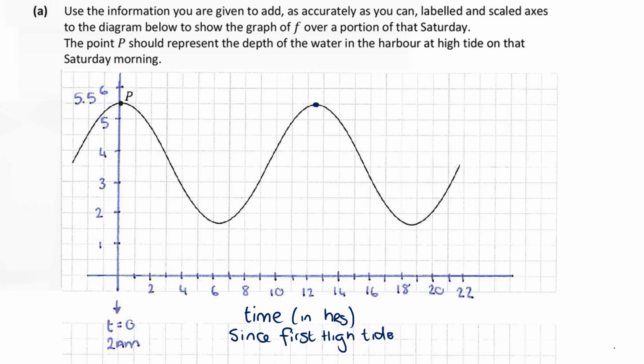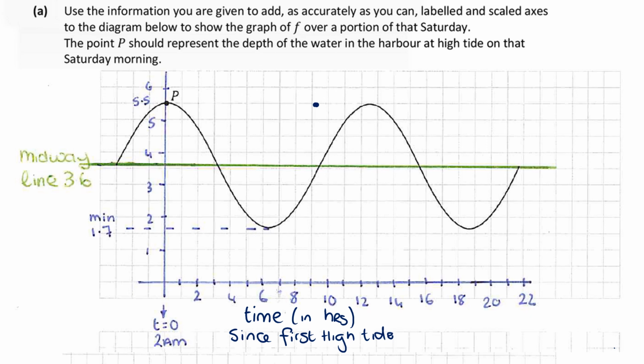It was nice in the sense that the boxes were pretty standard. So 2 boxes represented 1 metre on the y-axis and 1 box represented 1 hour on the x-axis.